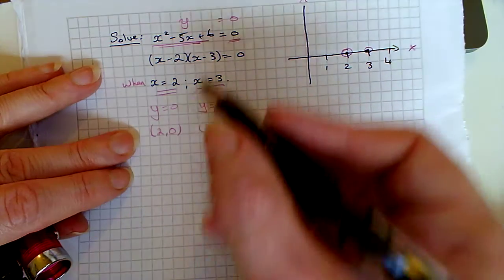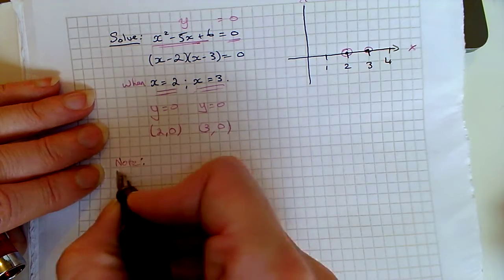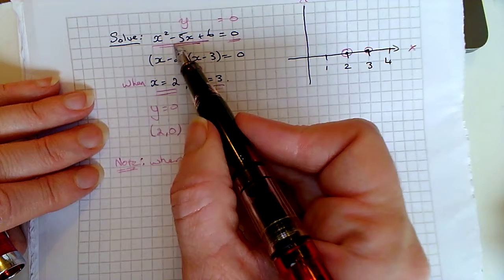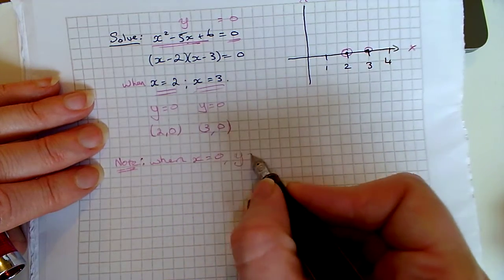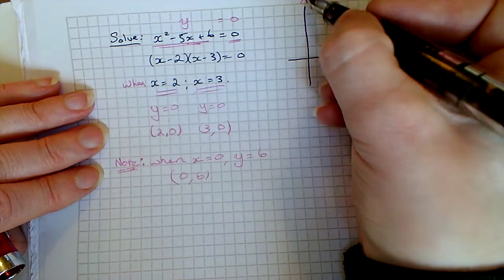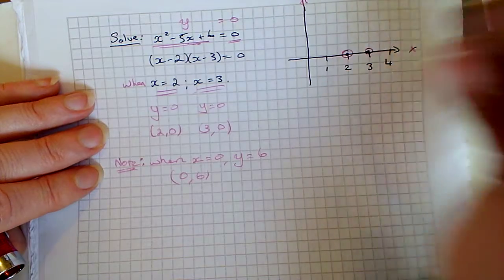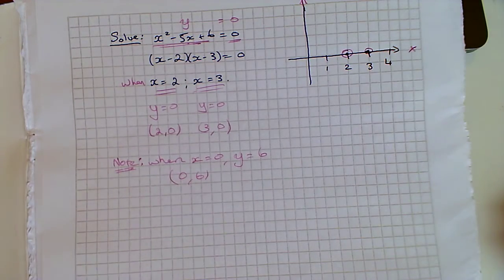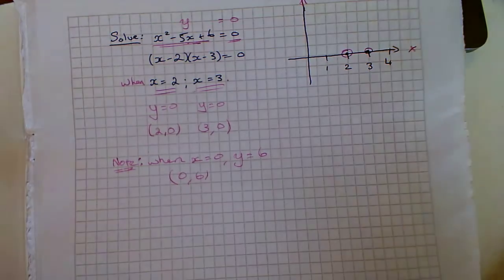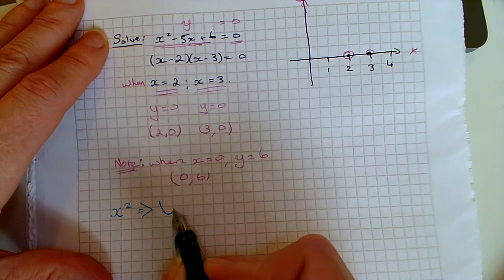When x is equal to 0, y will be equal to 6, just as a note there on this one. If I subbed in x equal to 0 here, I'd get y equal to 6. So the point 0, 6 is also on my graph. If I want to draw a sketch of this graph, I know that it's U-shaped because it's x squared.